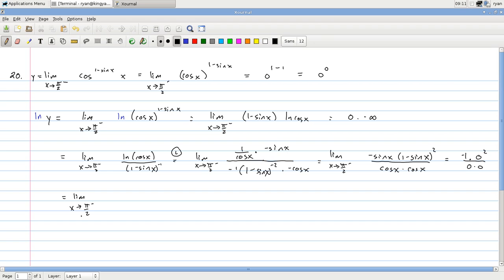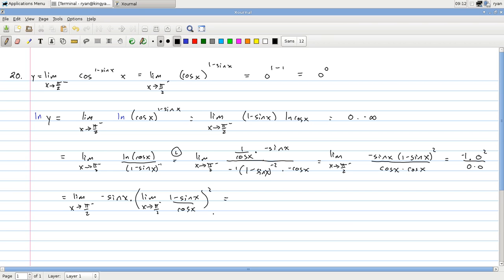We'll write this as the limit as x goes to pi over 2 from the left of negative sine x times the limit as x goes to pi over 2 from the left of 1 minus sine x over cosine x times a second 1 minus sine x over cosine x.